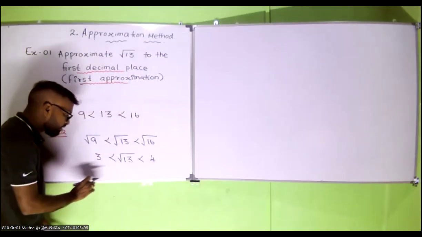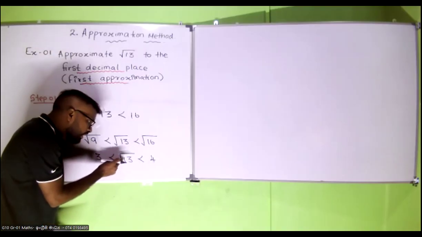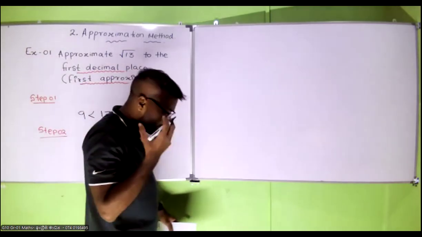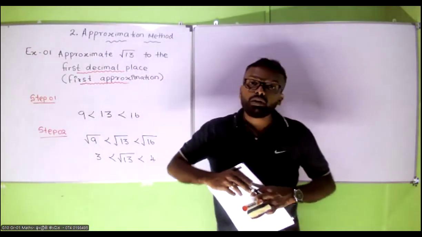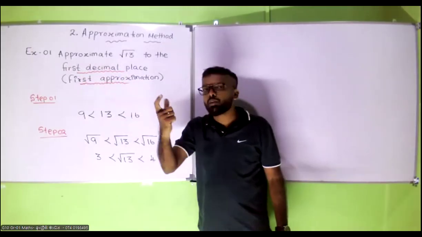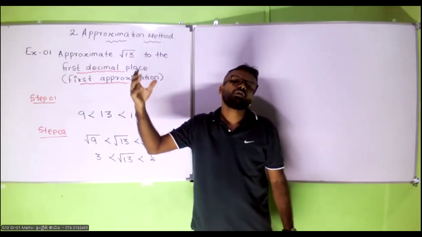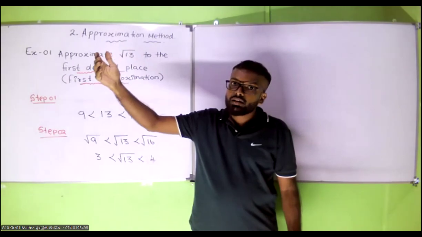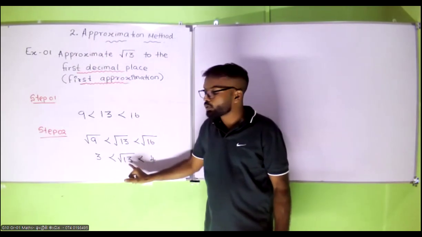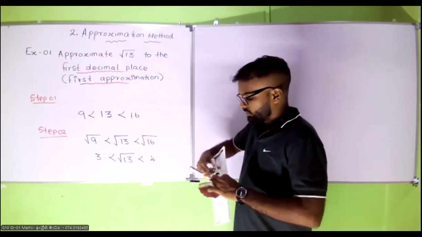Then we can get the conclusion: the square root of 13 is in between 3 and 4. If the square root of 13 is in between 3 and 4, the values for the first approximation or the first decimal place could be 3.1, 3.2, 3.3, 3.4, 3.5, 3.6, 3.7, 3.8, 3.9. So one of those values can be the first approximation for the square root of 13. Now, step number 3.